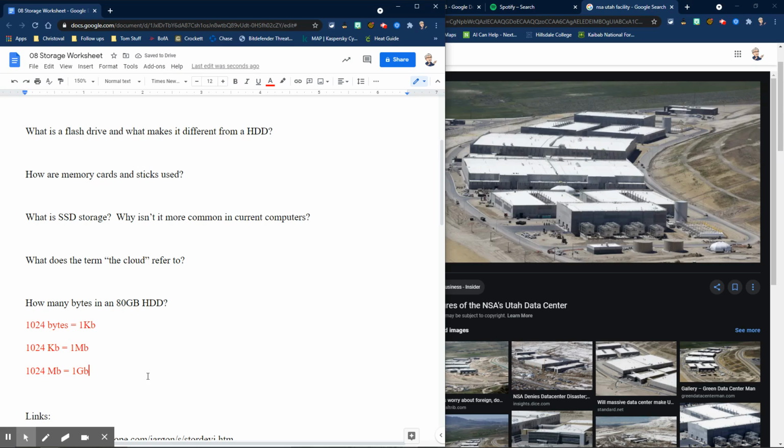So, to get that calculation, to get 80 gigabytes, you're literally saying to get to 1 gigabyte, it's 1,024 times 1,024. So you're getting 1 kilobyte, and then you're multiplying it by a megabyte, and then you're multiplying it by a gigabyte, and then times 80.